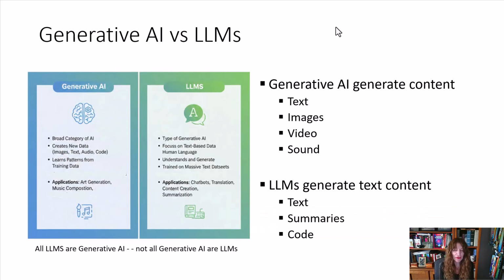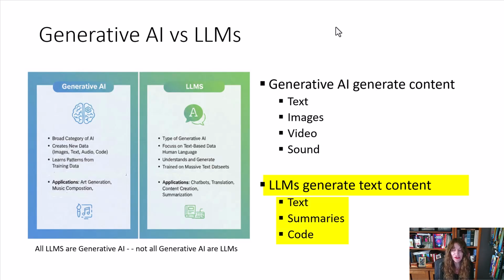I would like to make a distinction between generative AI and large language models. Generative AI is a broad category that generates content. It can be text, images, video, sound. LLMs only generate text content.